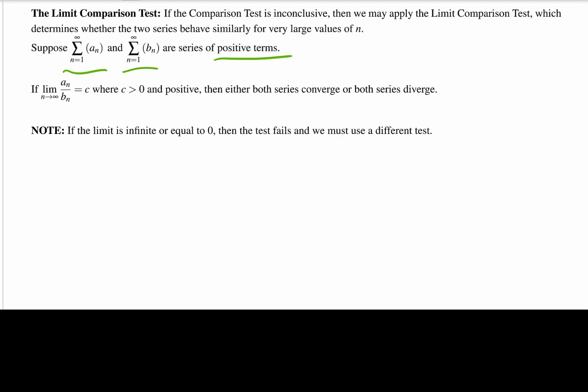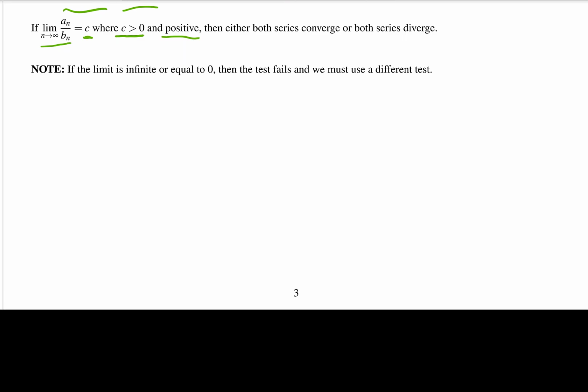Now if you take the limit as n goes to infinity of the a sub n sequence over the b sub n sequence, and you get some constant number c where c is greater than 0, then either both of these series converge or both of them diverge. Note that if the limit is infinite or equal to 0 or negative, then our test is going to fail and we need to use some different kind of test or rearrange things differently.